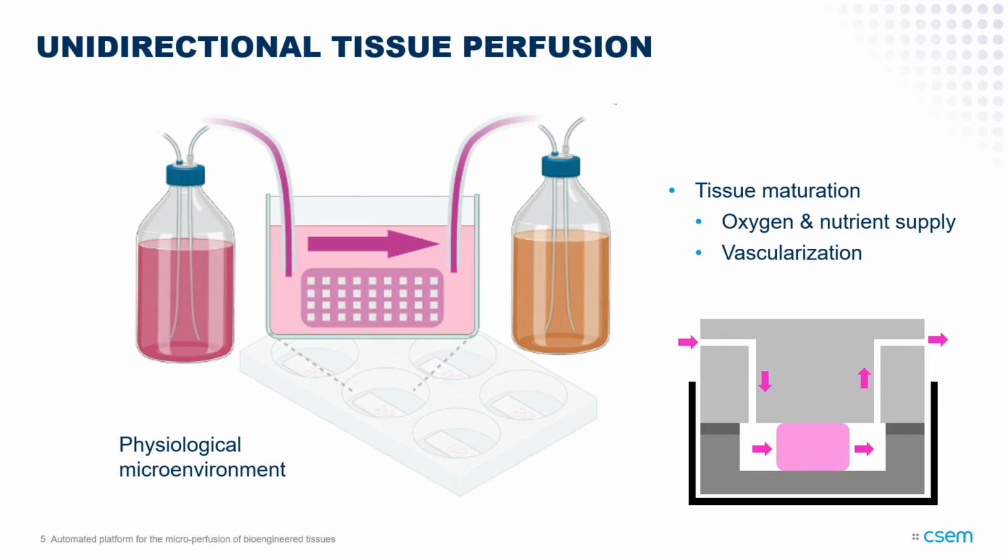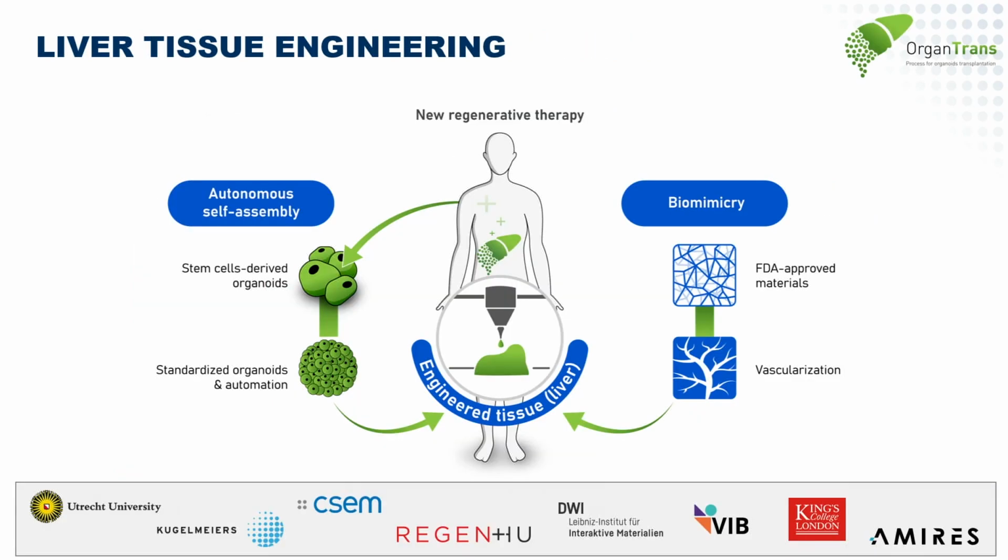Now, to show you that, I will use one of our European projects, OrganTrans, where you can see the different partners working on the project here below, if you can see it. The goal of this project is to fabricate liver constructs for liver regenerative therapies.